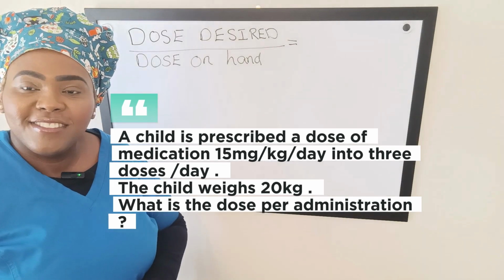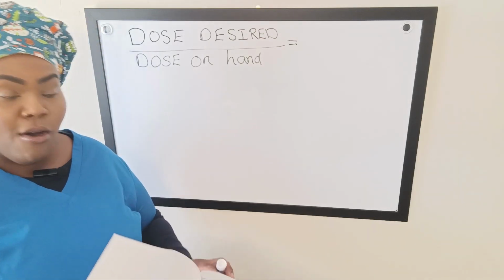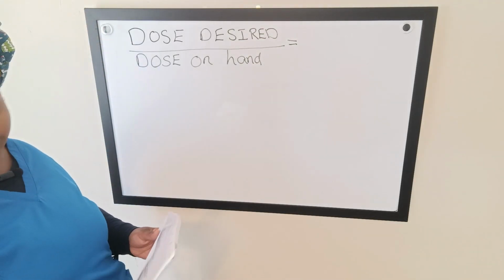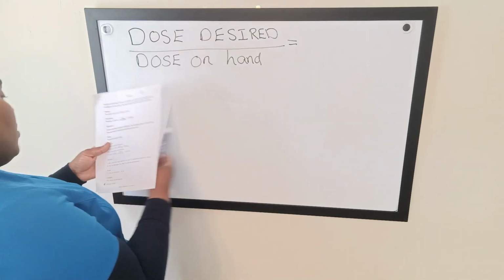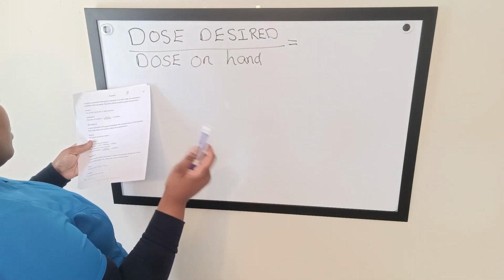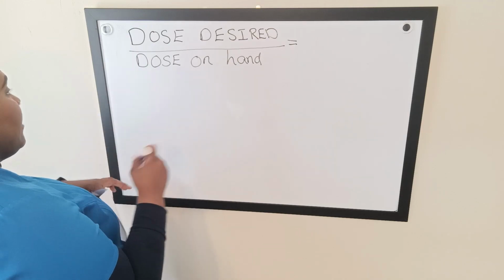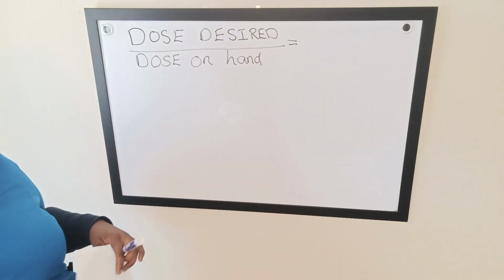All right, so let us talk about that. How are we going to calculate this one? So our order is, what is our desired dose? We need to figure that out, right? So this child weighs 20 kgs.